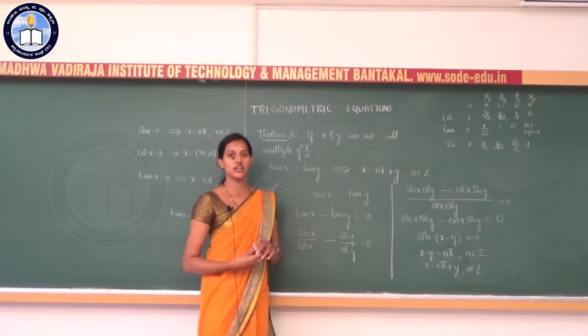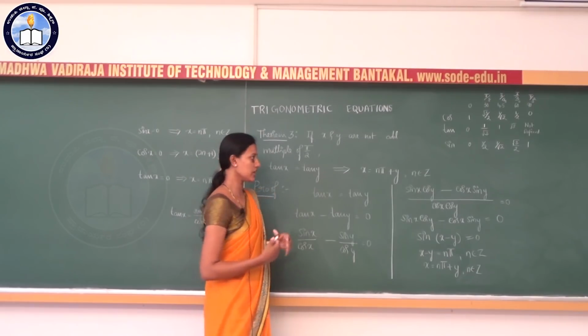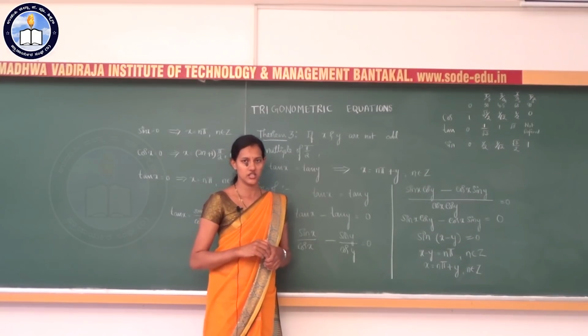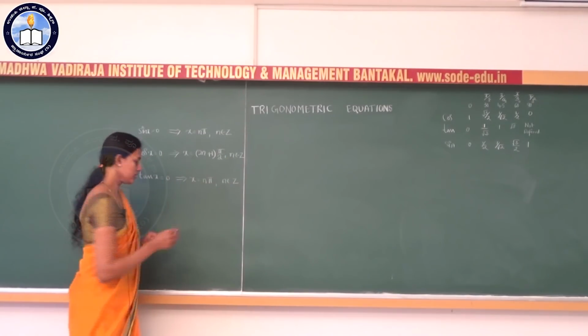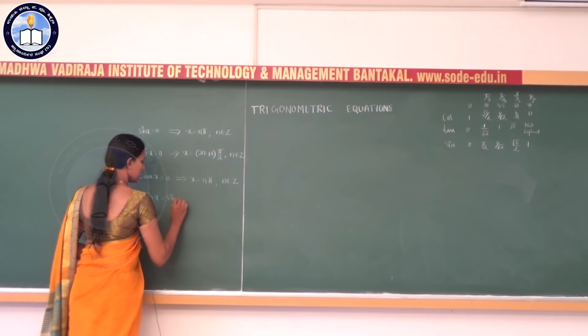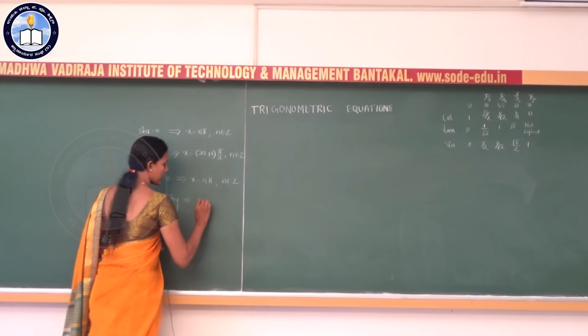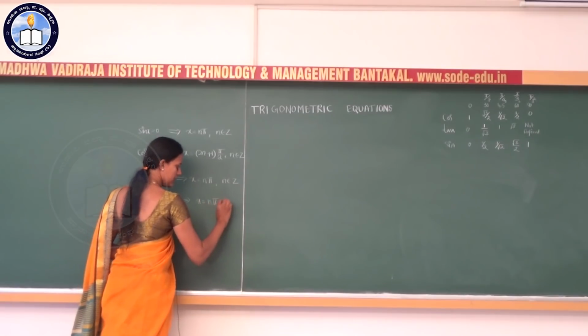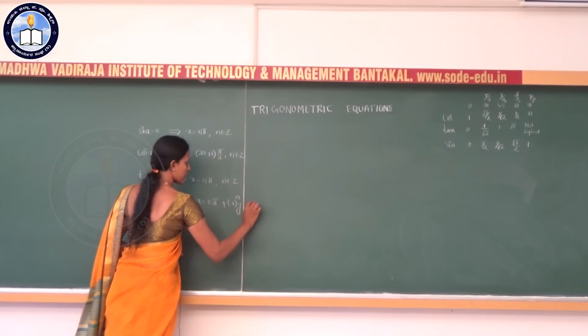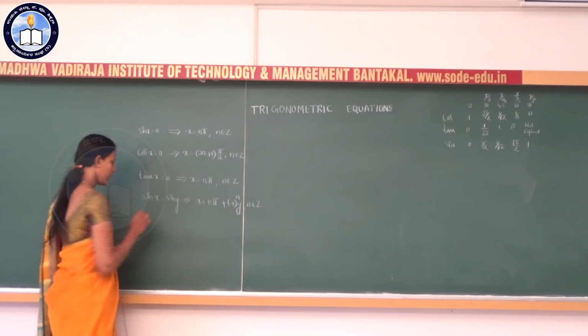So, these three theorems will help us in finding the general solution of a trigonometric equation. So, sin x is equal to sin y implies x is n pi plus minus 1 to the power n into y, where n is an integer.